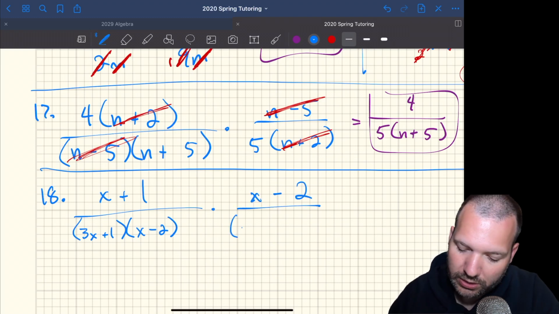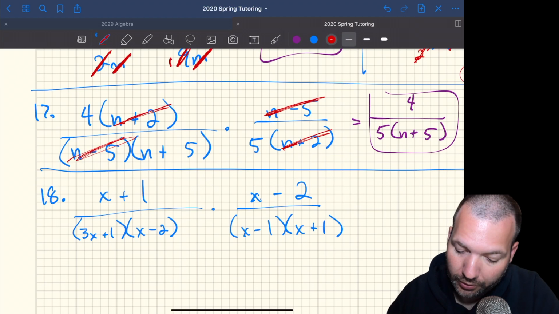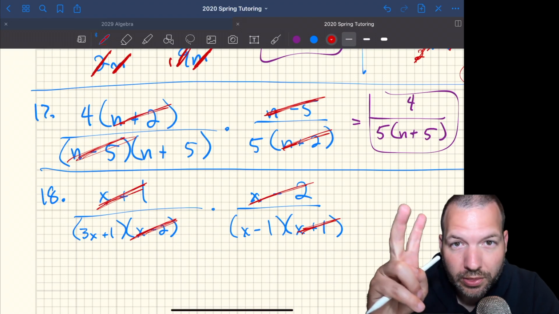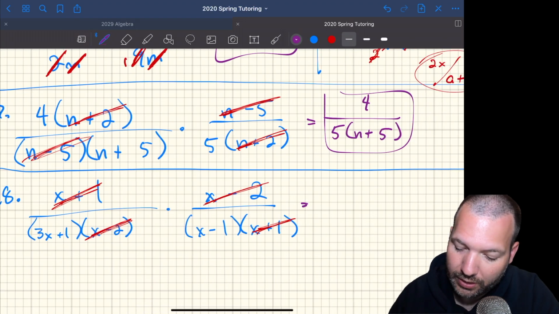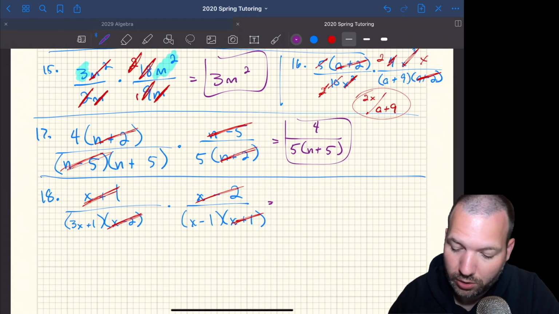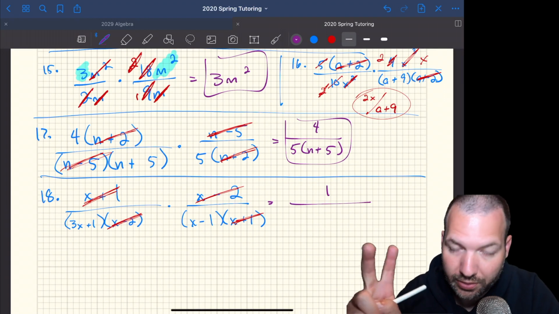X minus 2 stays x minus 2, and then I see again the ever-popular difference of squares pattern. X plus 1 cancels with x plus 1, x minus 2 cancels with x minus 2. Now, when nothing is left in the numerator, but it's left there by canceling, multiplication and division, of course, that really means there is a 1 there, not a 0, not nothing.